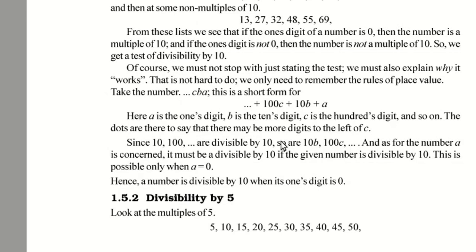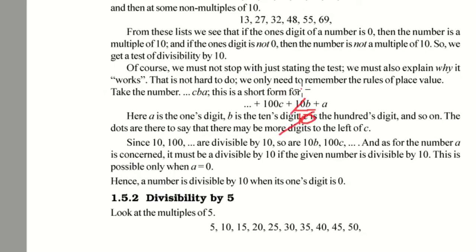Any number could be represented as 1 times A, 10 times B, 100 times C and so on. A is at the 1's place, B is at the 10's place, C is at the 100's place and so on. The 10's place is divisible by 10.